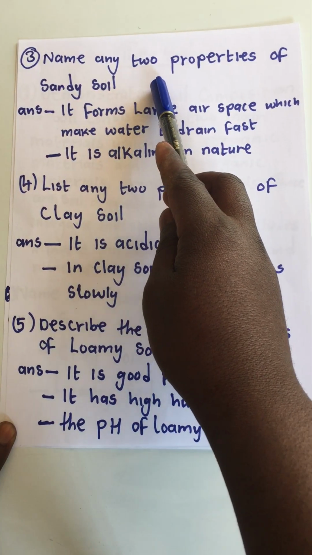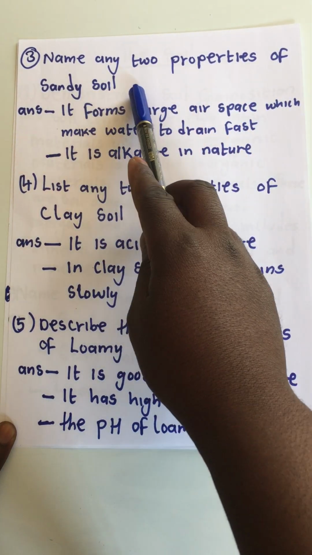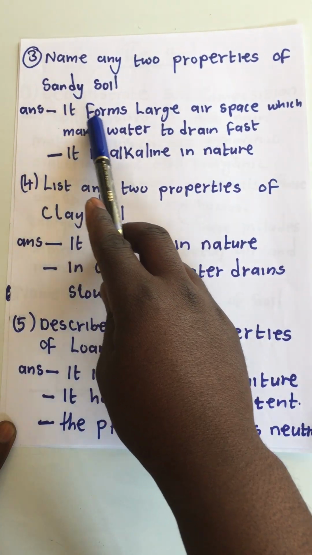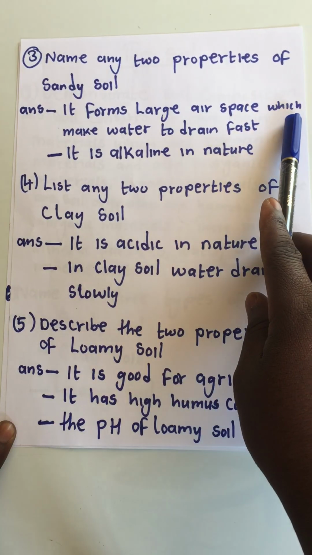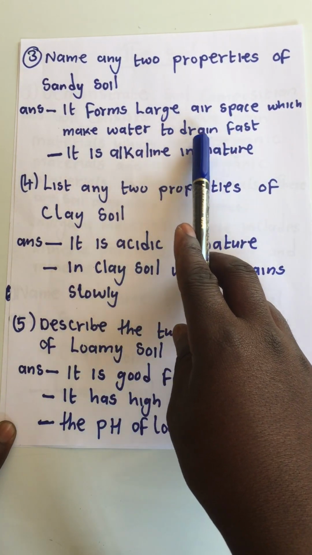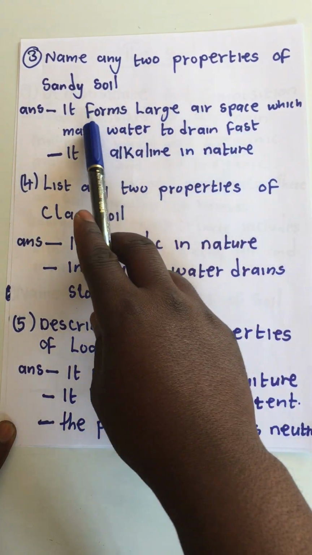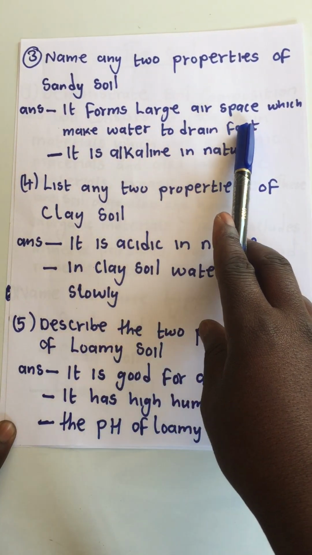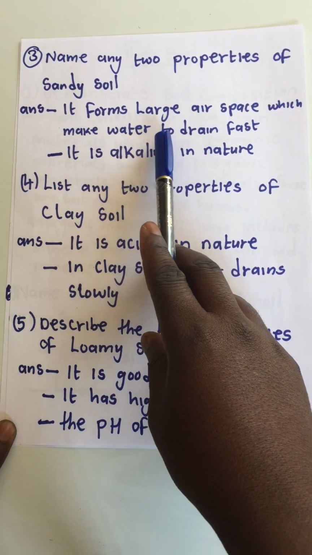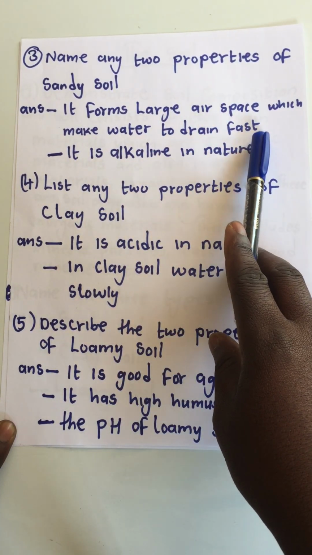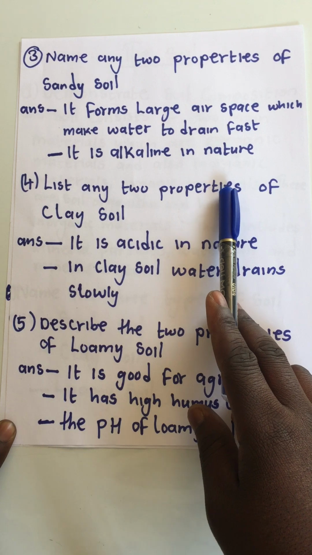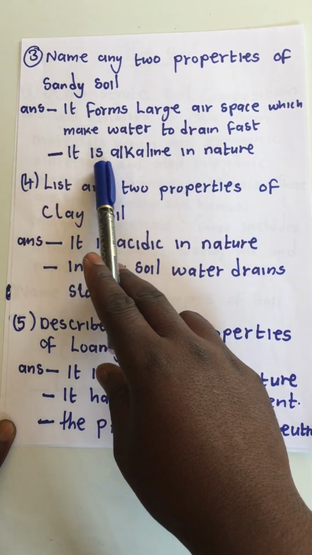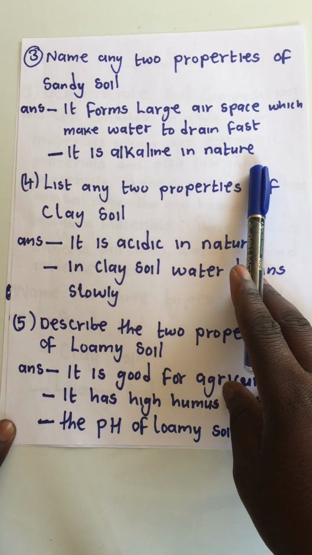The first property of sand soil is, it forms large air space which makes water drain fast. The second property of sand soil is, it is alkaline in nature.